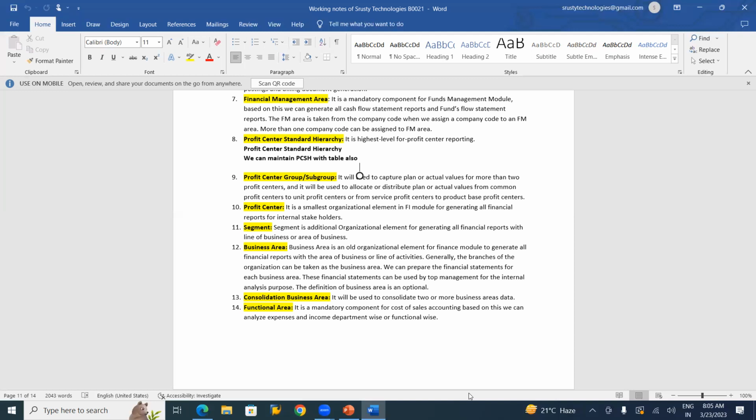These financial statements can be used by top management for internal analysis purposes.